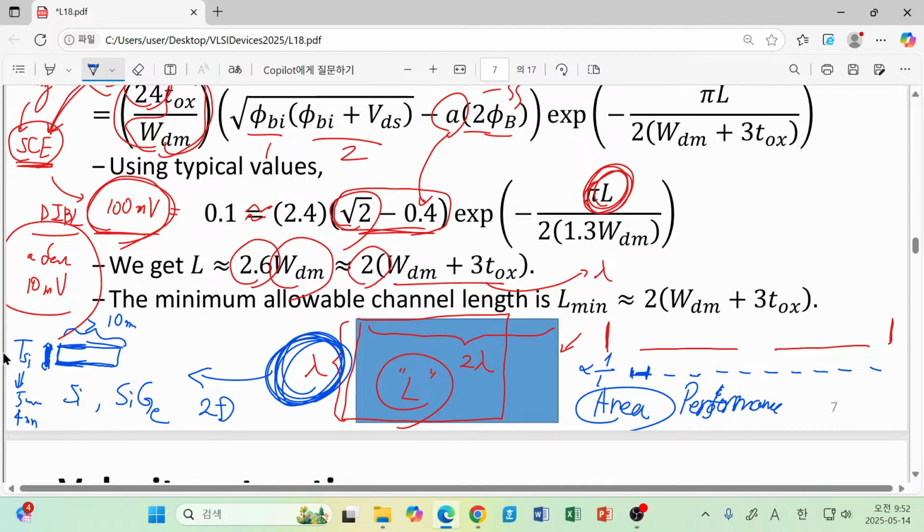But anyway, even considering this oxide thickness, people say the minimum length would be 12 nanometer, or the currently manufactured number is 15 nanometer.